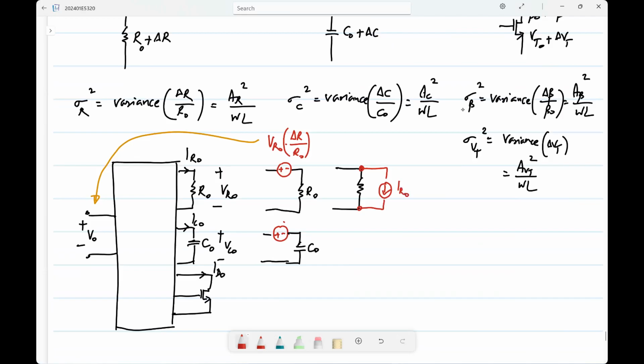So this will be IR naught times delta G by G naught in that direction, right? Is that correct? And which can be written as minus IR naught delta R by R naught. So it has to be in the other direction. That's all. Okay. Actually, all you had to do is just take this and Thevenize that one, right?